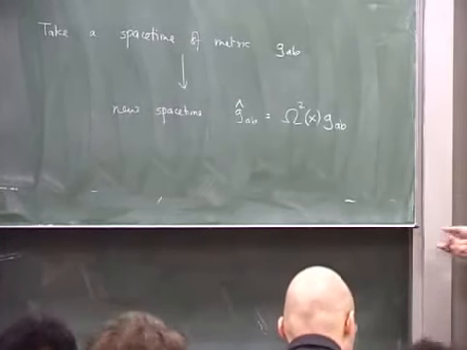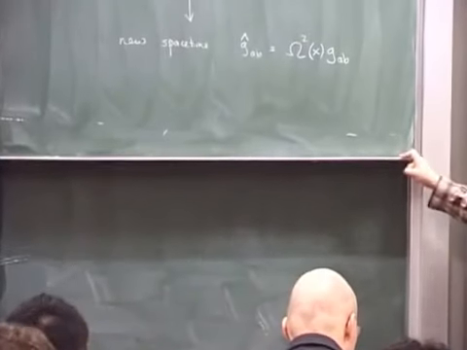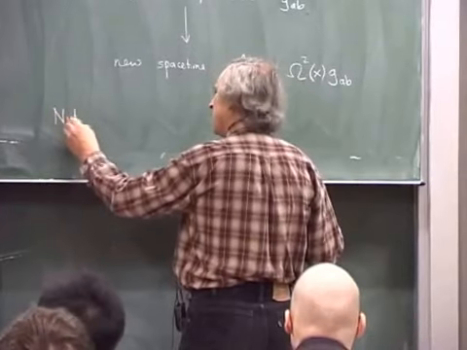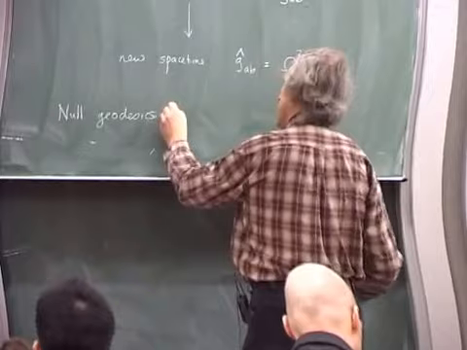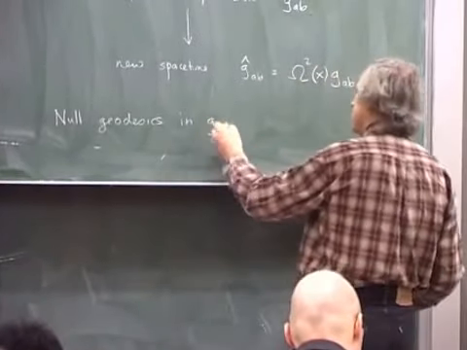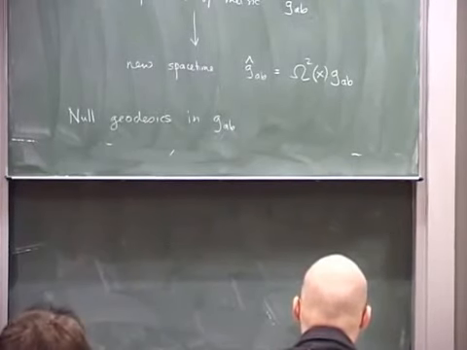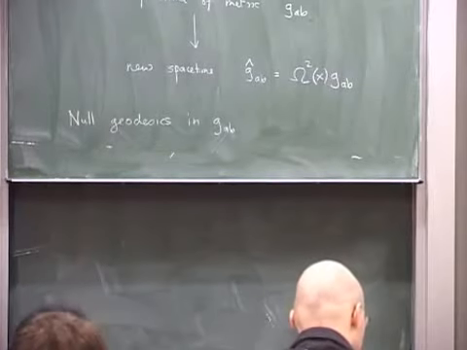The trivial property is that if you take a null geodesic in this space-time, you will discover that that curve is still a null geodesic in the conformally related space-time g hat AB.